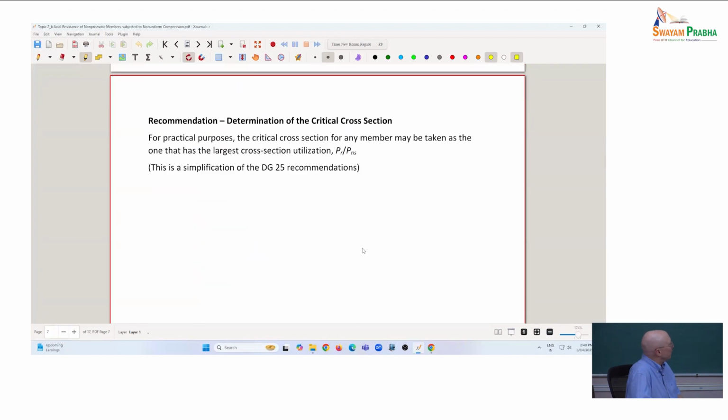And here's basically where the recommendation is for practical purposes. You can identify the critical cross-section for any member as the one that has the largest cross-section utilization, where it's PU to the cross-section strength, PNS, based on an effective width reduction, if you wish.